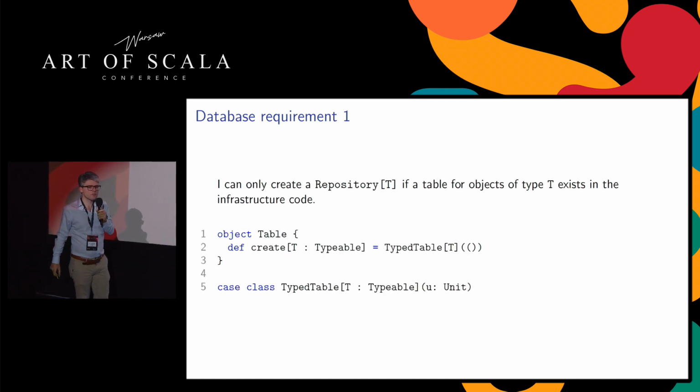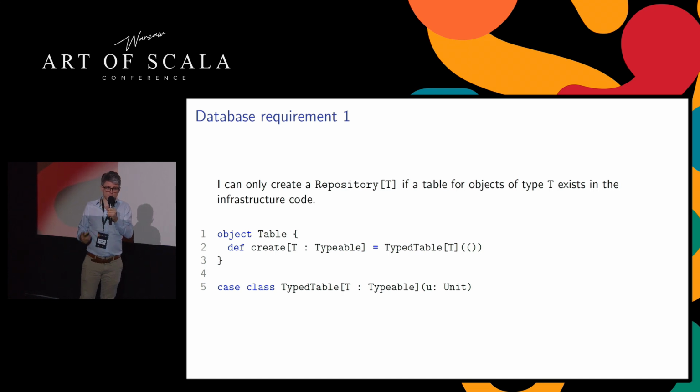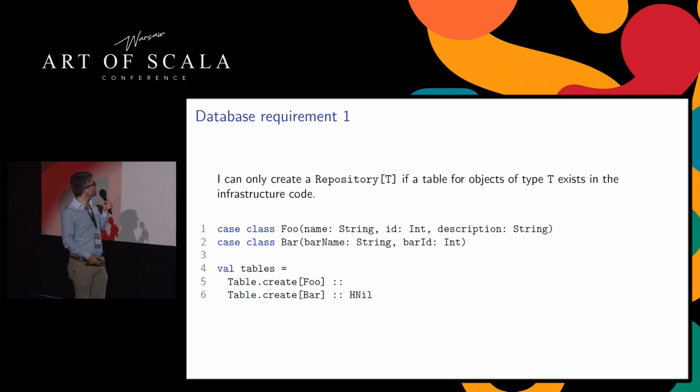So maybe let's try it with a type parameter, because then if we have a typed table, then we can be sure that we in some way connect the type of the things that we are going to store in the table to the description of the table. So this way we can describe the tables, and the more observant of you will notice that there is an H before nil, which means that this is a bit of the shapeless magic I was talking about.